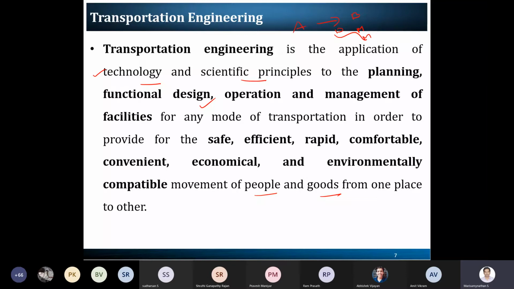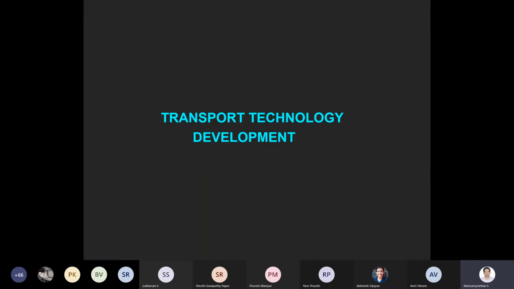With that introduction, we will move to the next component, transport technology development. How did the technologies come about? I'm not talking about recent development. We start from day one, when human life began. How did transport happen from then until now, where we are?